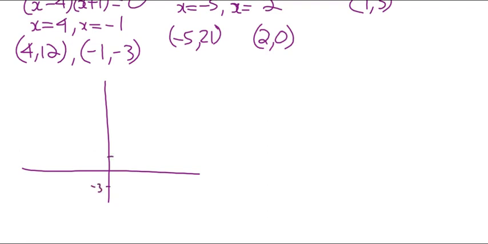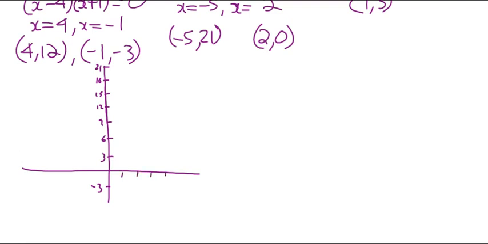Okay, so 3, 6, 9, 12, 15, 18, 21. And we need to go from -5 to +4.